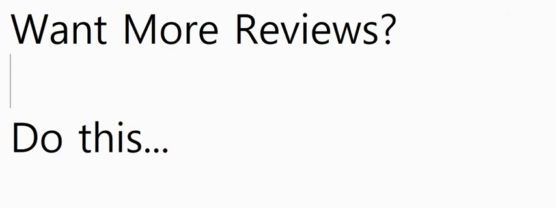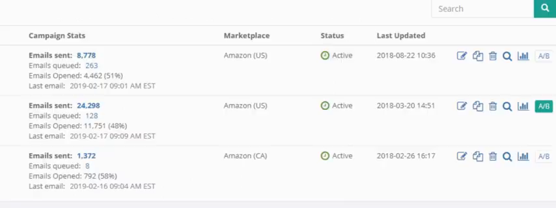Now, an easy way to do that is to use a program that lets you A/B test your headlines, which means you have one headline that you get a 20% open rate, for example, and then you could test that against another headline.